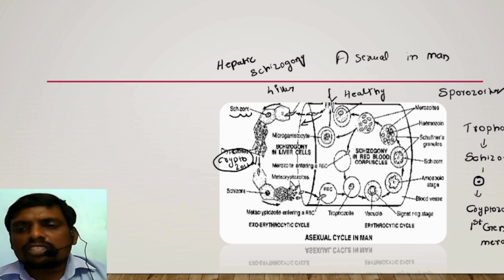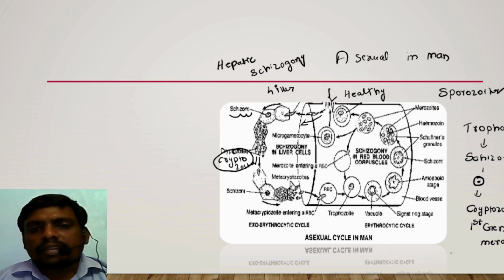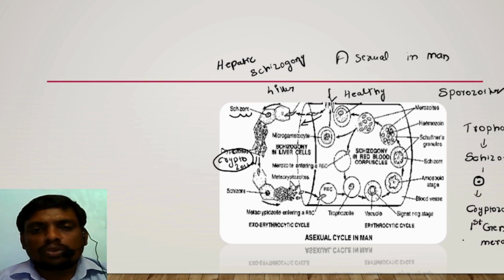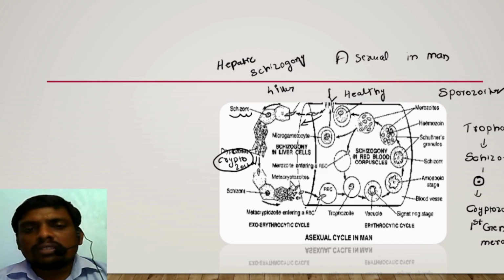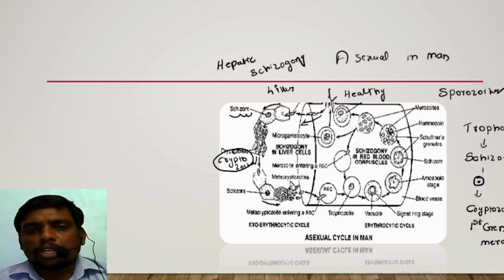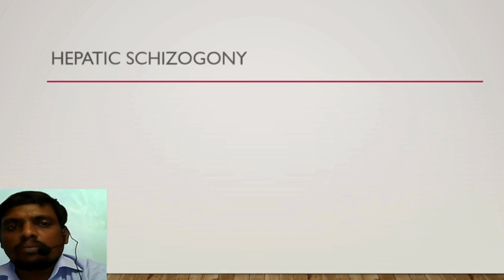Some of these first generation merozoites attack fresh liver cells and continue another hepatic schizogony. But some of the first generation merozoites, or cryptozoites, continue the exo-erythrocytic cycle. Now what happens during the exo-erythrocytic cycle? Let us see with the help of points.